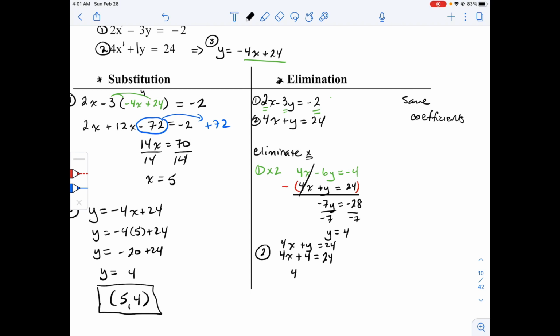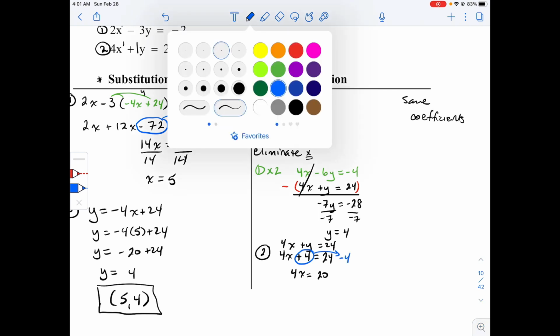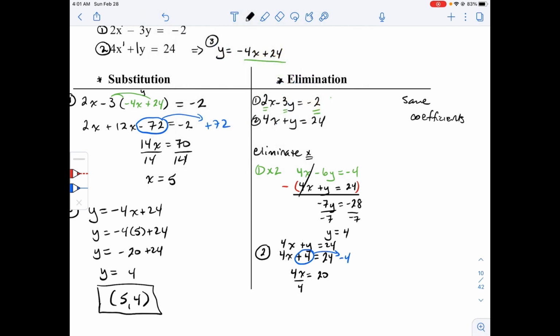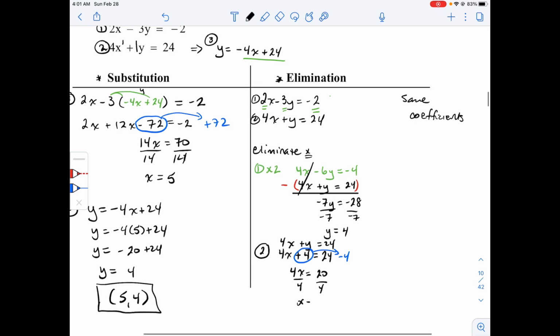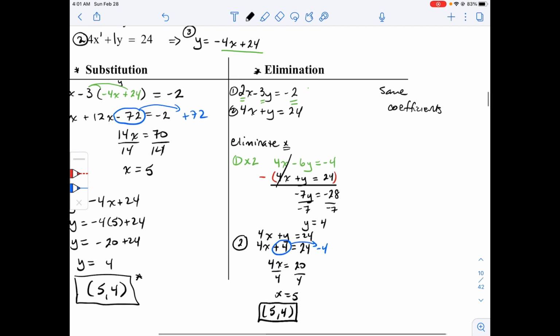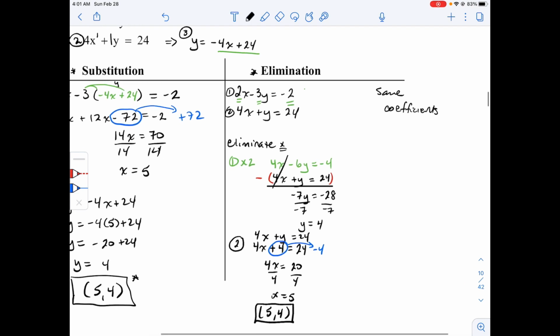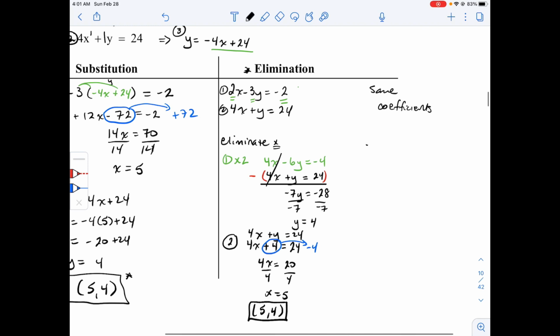And so, of course, 4x is equal to 20 when we subtract 4 from both sides. And we divide both sides by 4. And x is 5, which is what we knew our solution should be, because we had the same exact answer when we did substitution. Another way to approach this elimination could have been to eliminate x.